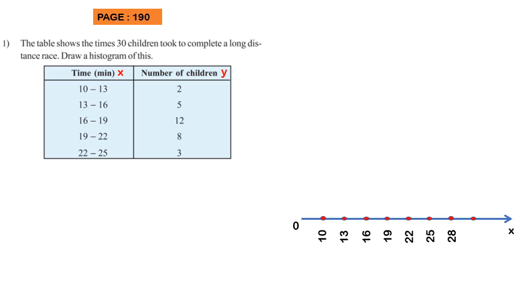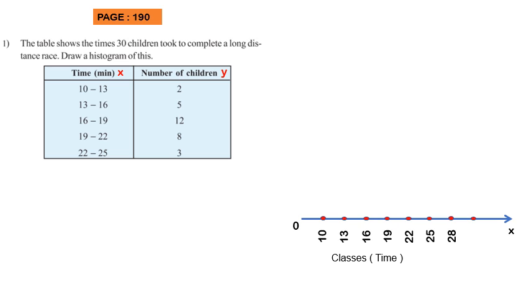Then write the classes as given in the question like 10, 13, 16, 19, 22, 25 and 28. Here you know class interval is 3, which means x-axis 1 cm equal to 3 minutes. Okay, clear? And write here classes or time.